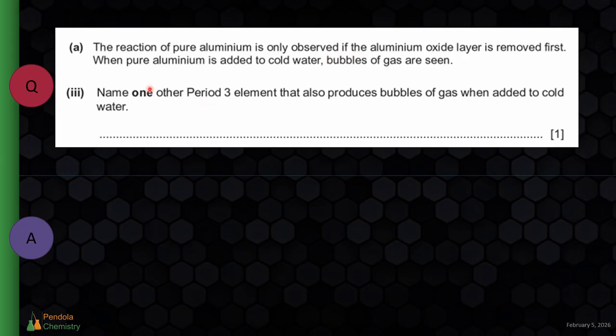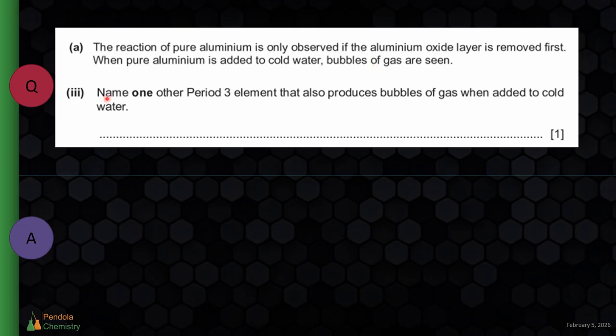And then it says, name one other period 3 element that also produces bubbles of gas when added to cold water. So now we are being asked to go further and actually compare these bubbles, right? So this whole first sentence, this setup, was kind of pointless.